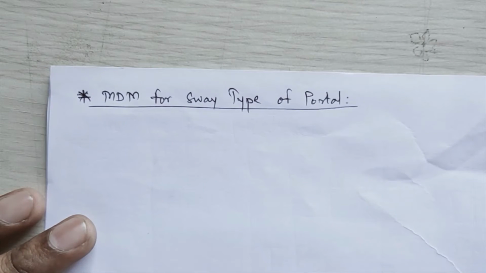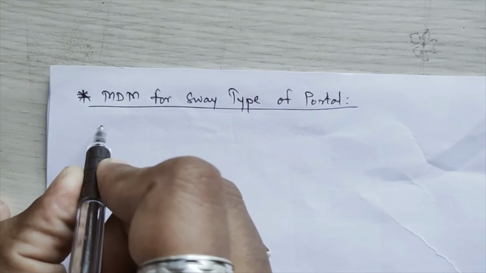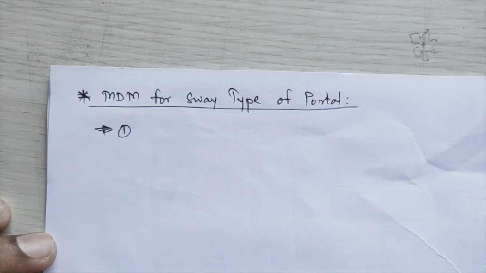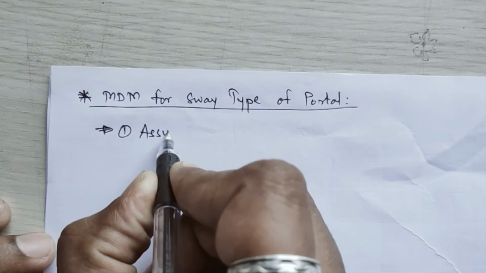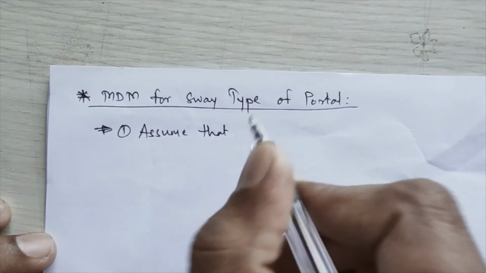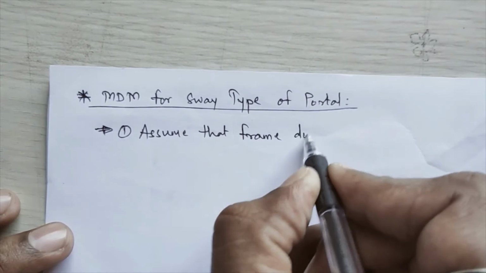Okay. Now in the analysis of the moment distribution method, the first initial step is to assume that your frame doesn't sway. That frame does not sway.